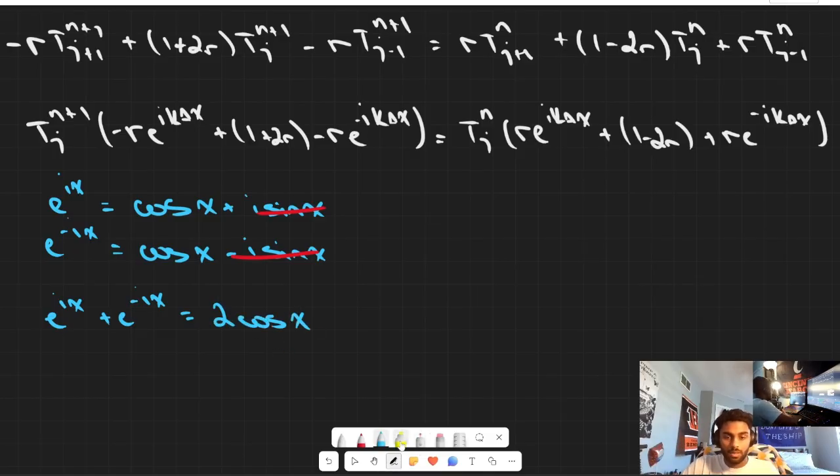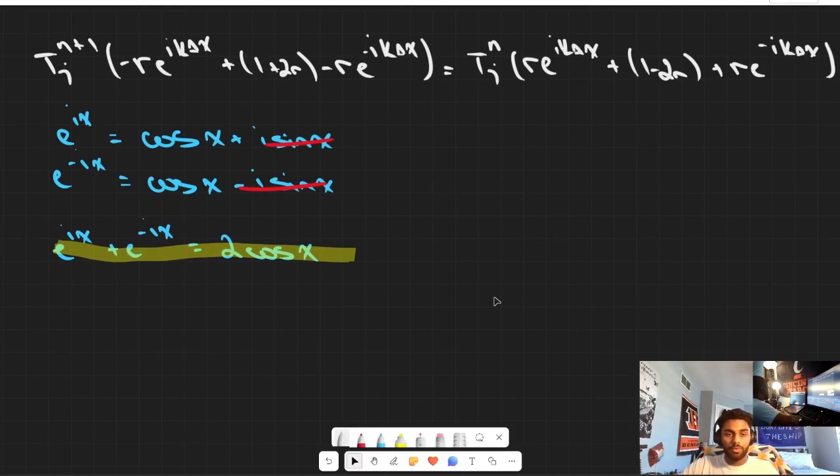Keeping this in mind, we see that we have an e to the ik delta x, and we have an e to the minus ik delta x. We look at these coefficients, we have a minus R and a minus R. So what we get for this side is Tj at n plus 1.